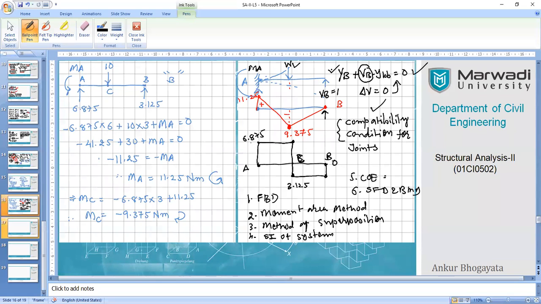So we may be using the conjugate beam method also, where the shear force is nothing but the area of the diagram, and the bending moment is nothing but the moment of that diagram at that particular point. So in the next class, I will be using another method to solve this same problem, and we'll compare these answers again just for your satisfaction.